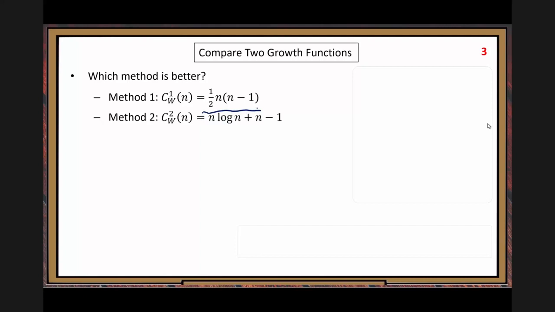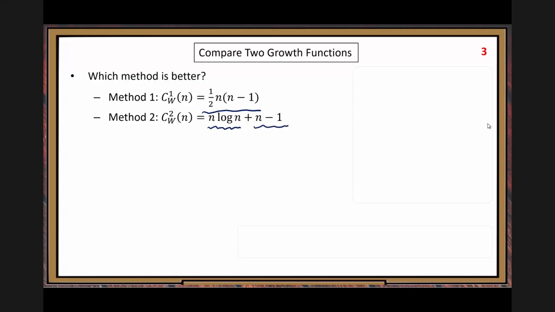Method 2: we sort the array first. In the preparation step, when we sort the data, we need to do this many comparisons, n log n comparisons. Then after that, n minus 1 comparisons. So we add them together.